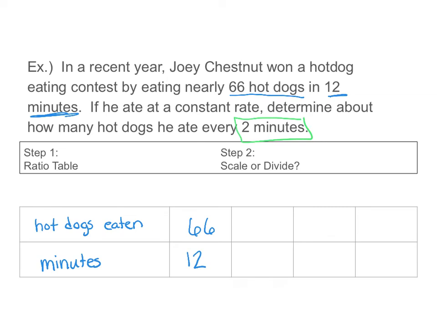How much did he eat in 2 minutes? So I'm going to put my 2 here, and I have to see, can I get from 12 to 2? Yes, I can, by dividing by 6. If I divide by 6 on the bottom, I have to divide by 6 on the top. So 66 divided by 6 is 11.